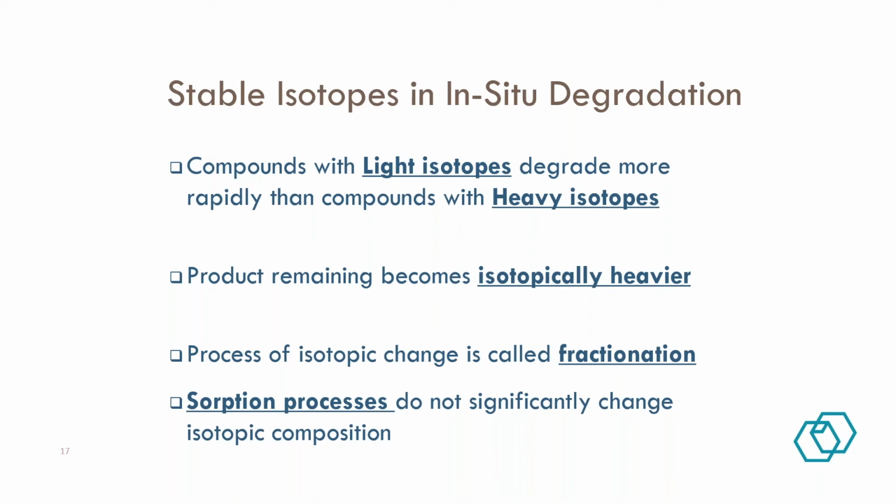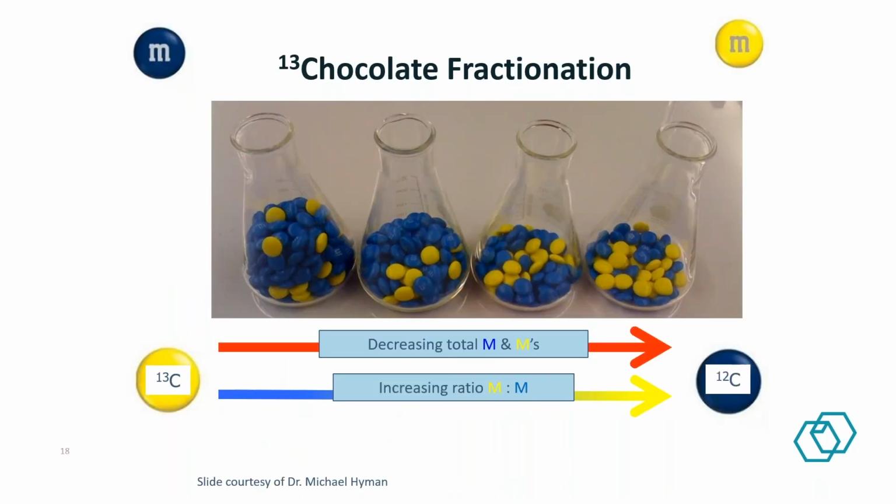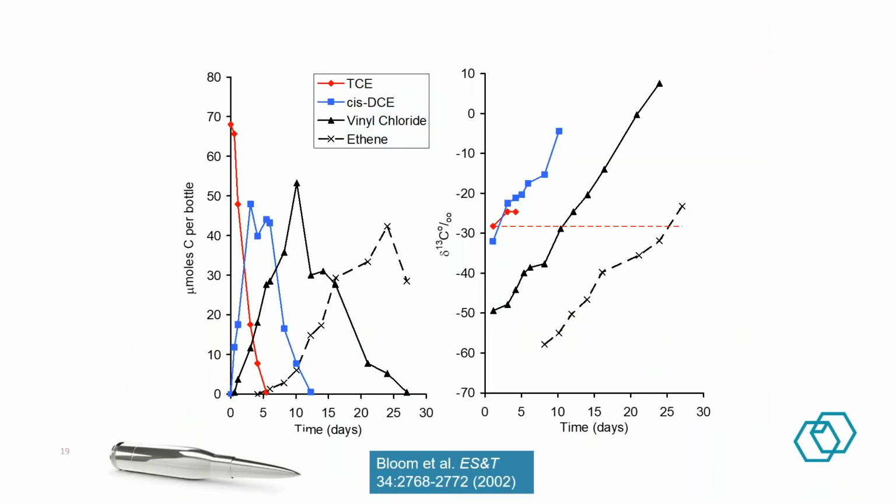There's been a lot of research on this. Here's an M&M's example of fractionation. The blue M&Ms represent 12C or light carbon, and the yellow M&Ms represent 13C or heavy carbon. Going from left to right, the total mass of M&Ms becomes lower as they're being eaten or degraded, but the fraction of yellow M&Ms gets higher.